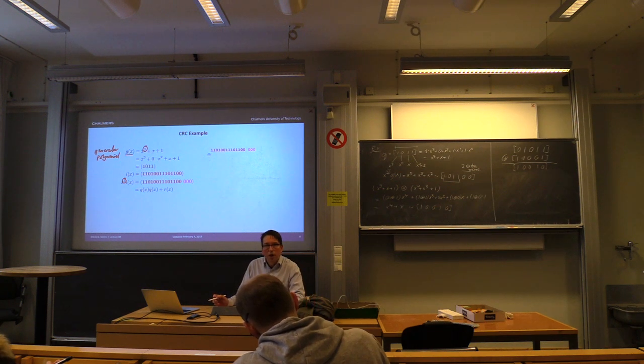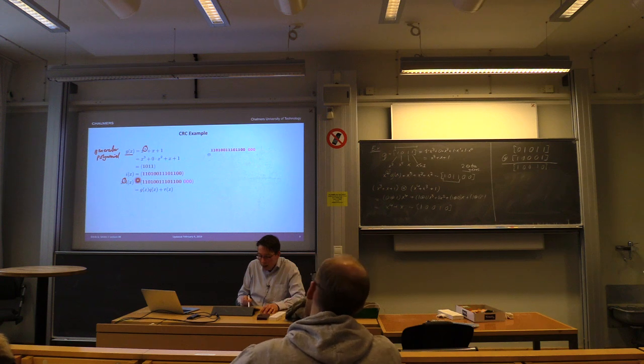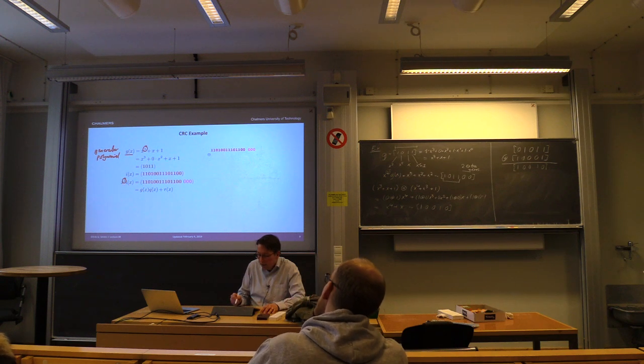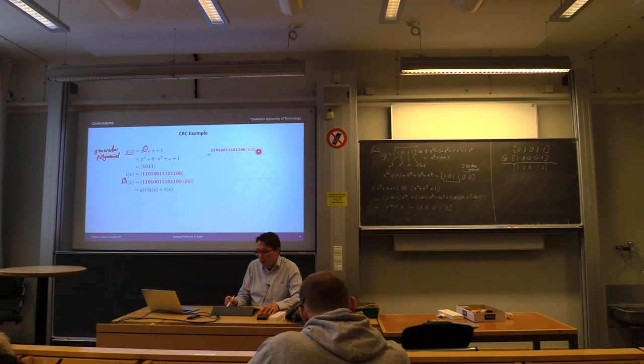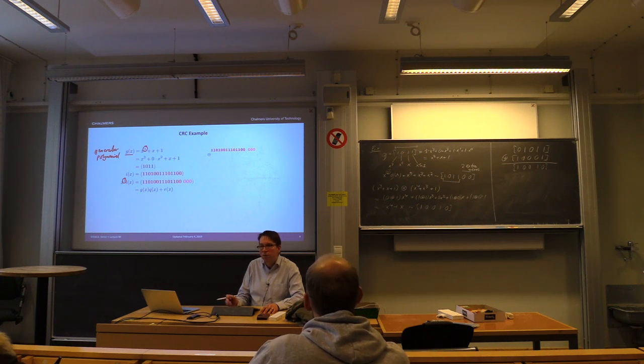And let's do long division. So we start by taking I times x^3, and we just write out the bit pattern corresponding to that, like this. And now we will start to divide by the generator polynomial, and we do it the following way.